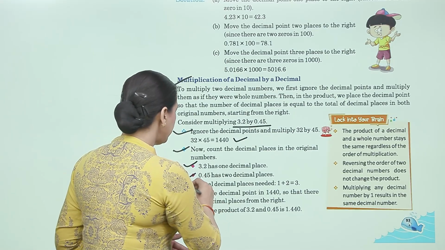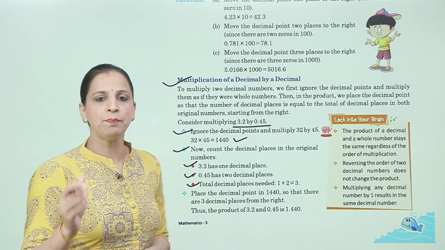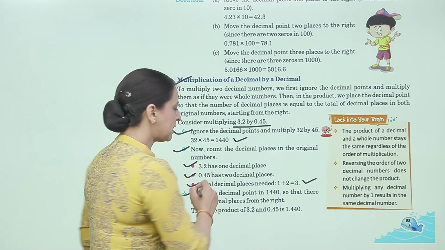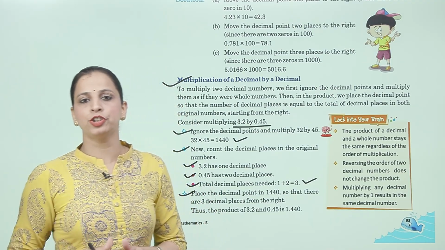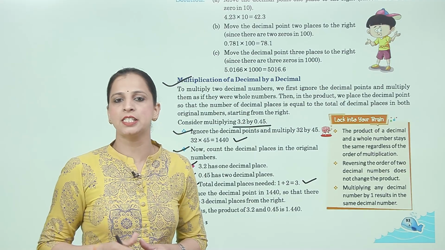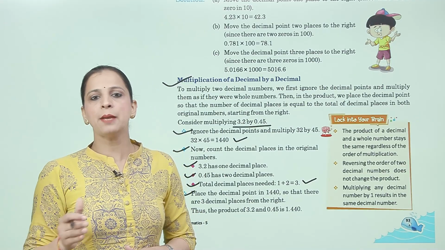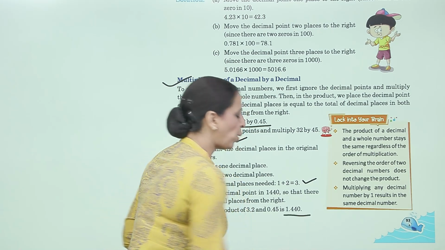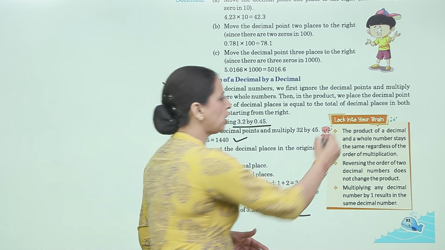So, total decimal places needed: 1 plus 2 is equal to 3. So, place the decimal point in 1440 so that there are 3 decimal places from the right. Thus, the product of 3.2 and 0.45 is 1.440.